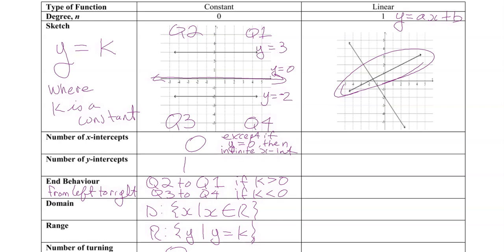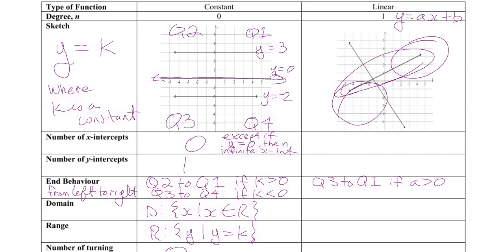What is the end behavior? As we go from left to right, we're going from quadrant what to quadrant what? Quadrant 3 to quadrant 1, and the characteristic was that the slope had to be positive, right? So a is greater than 0.